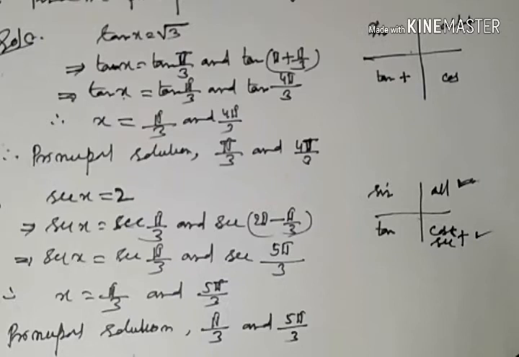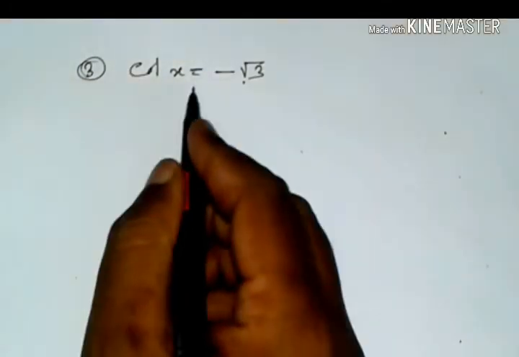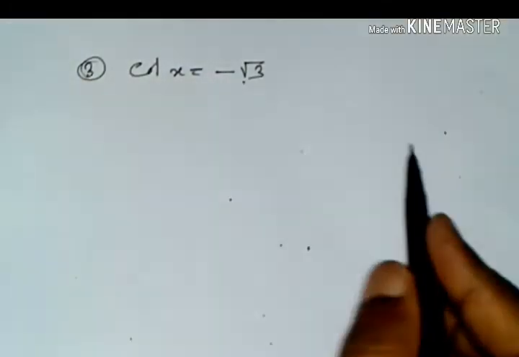Next problem, the third problem: cot x is equal to minus root 3.